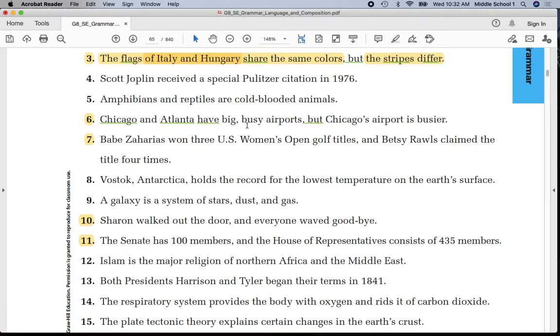That's the first sentence. Second sentence, airport, once, is, twice. Line between airport and is. Chicago and Atlanta have big, busy airports is the first sentence. It's compound on account of the conjunction. Chicago's airport is busier, the second sentence.